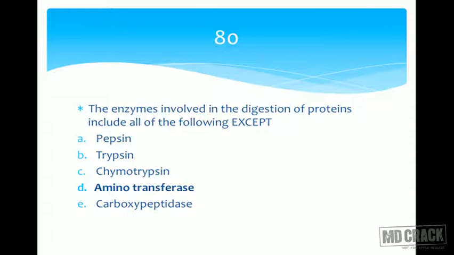And the proteolytic enzymes are secreted where? From the stomach you have got pepsin, from the pancreas trypsin, chymotrypsin, etc. So pepsin, trypsin, chymotrypsin, carboxypeptidase, all of them are involved in the digestion of protein. And the question was enzymes involved in digestion of proteins except: aminotransferases, also called transaminases, and transaminases are involved mainly in the metabolism of amino acids, not in the digestion of proteins.